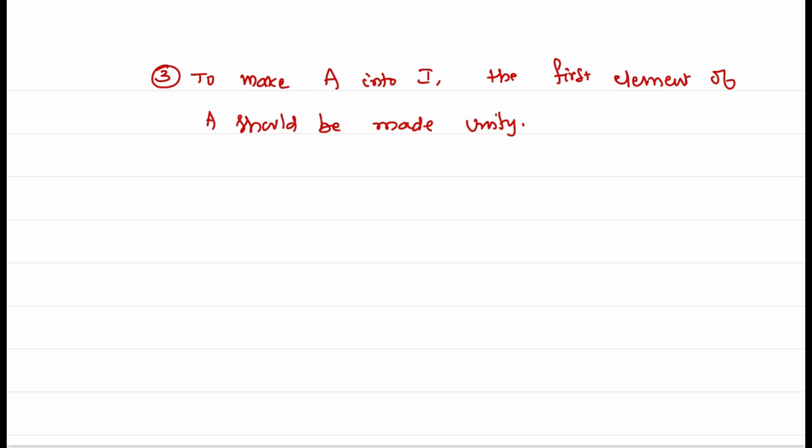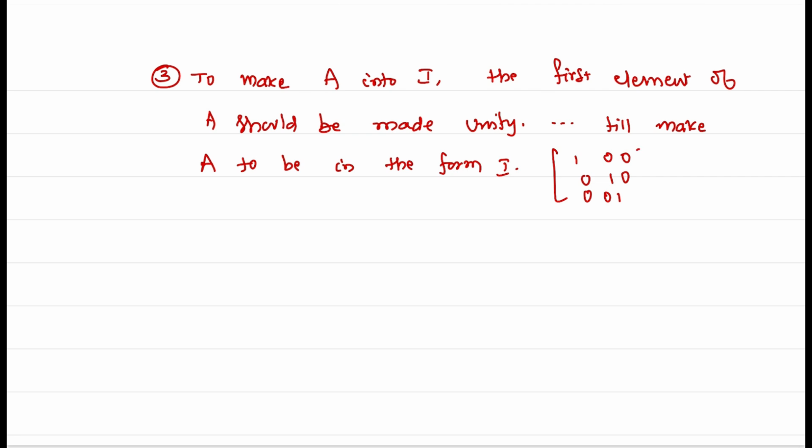Continue like this till you make A to be in the form of I. I can be, for 3 by 3, 1 0 0, 0 1 0, 0 0 1, or if it is a 2 by 2 matrix, it is 1 0 0 1.